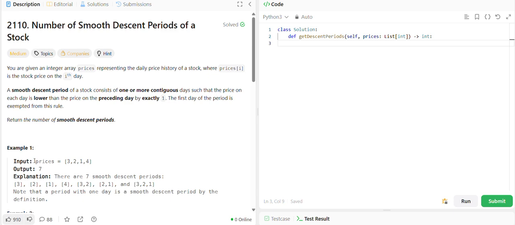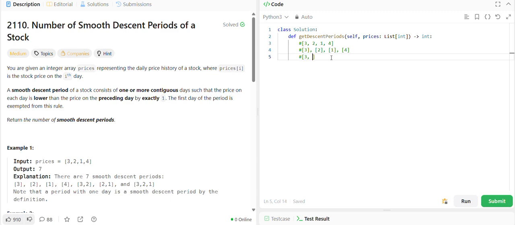So let's look at the first example. We have 3, 2, 1, 4. Now, if we try to calculate the total number of smooth descent periods, first, every single element is considered a smooth descent period. So 3, 2, 1 and 4 by themselves are smooth descent periods.